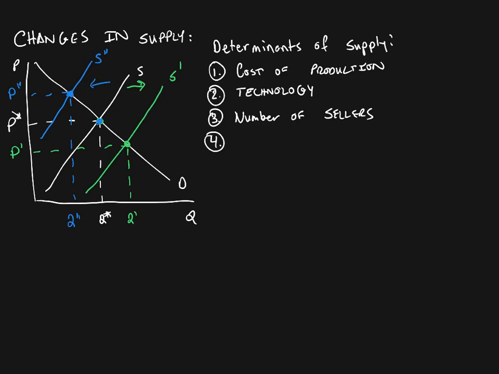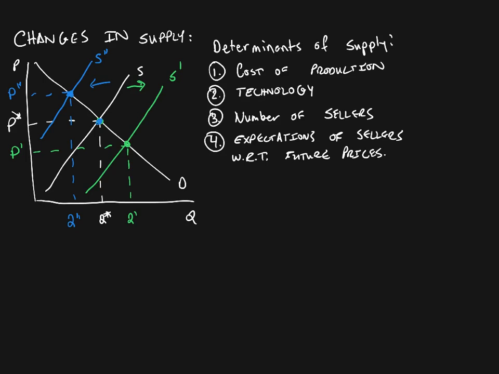Another determinant of supply is the expectations that sellers have about the future prices. So we'll say expectations of sellers with respect to future prices.